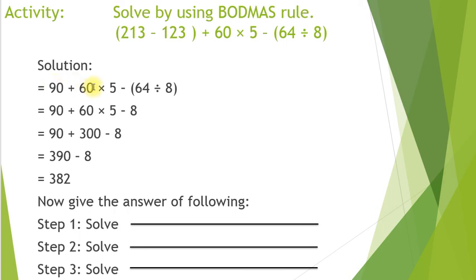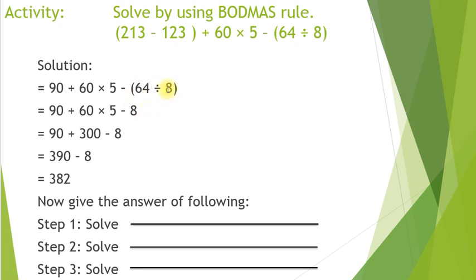213 minus 123. When we subtract 123 from 213, we get 90. And from here we write plus 60 multiplied by 5 minus, copy the bracket from the above value, 64 divided by 8.